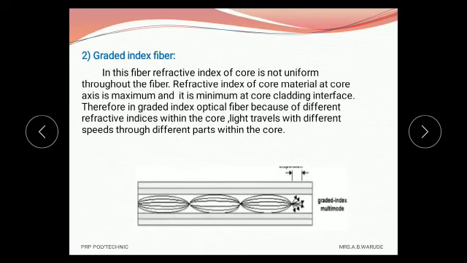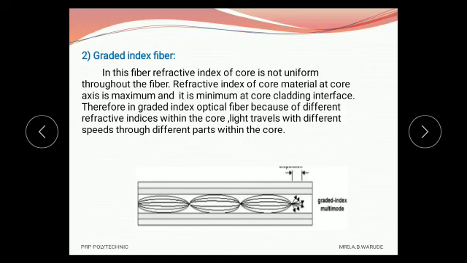The second part is called graded index fiber. In this type, the refractive index of the core is not uniform throughout the fiber. The refractive index of the core material at the core axis is maximum, and if we look radially outward from the core axis, there is a gradual decrease in the refractive index.